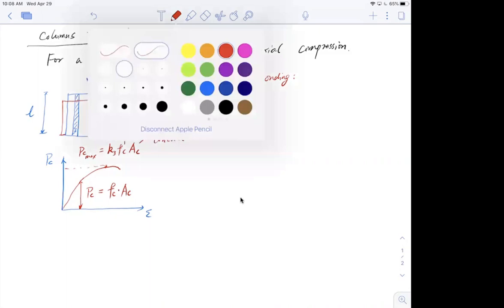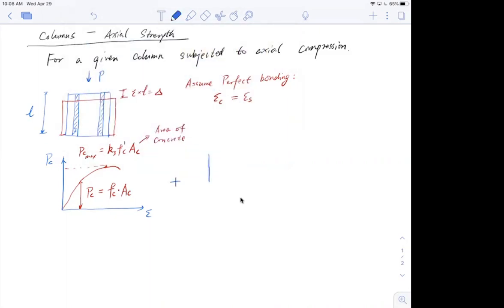All right, so coming back, let's take a look at what happens for the steel. As you know, the steel has elastic-plastic behavior. What does it mean? It means that it goes through an elastic region, which is a linear line, and then yields into a plateau like that. This is PS, the steel response.